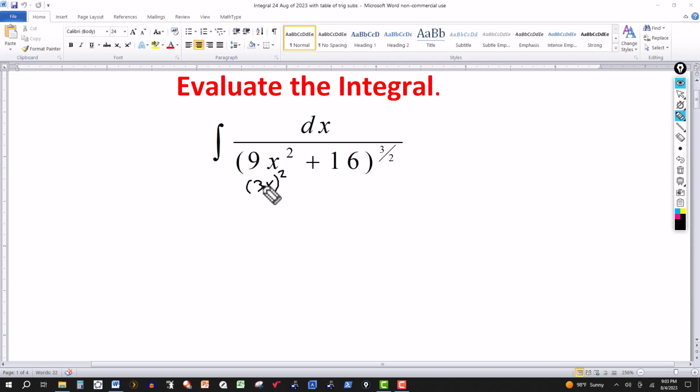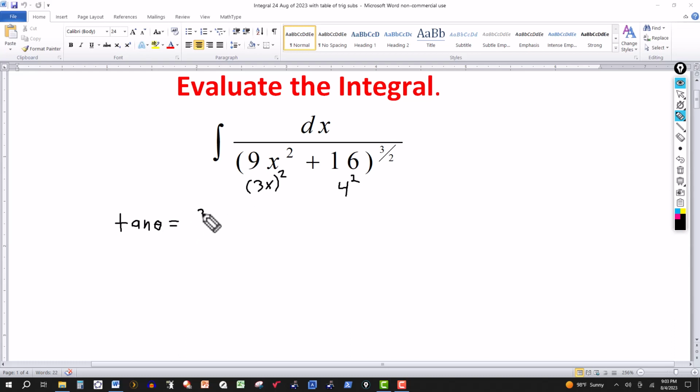So you could say, well, u is 3x. And then we have 16, which is 4 squared. So the a in the formula is 4. And the u would be 3x. But this is what I'm going to do. Since it's the middle formula, I'm going to use tangent of theta, and that's going to equal u over a.